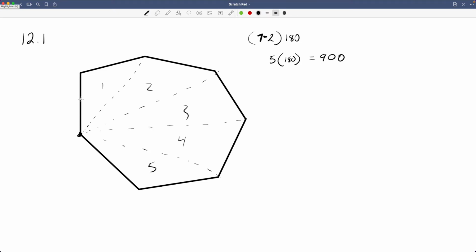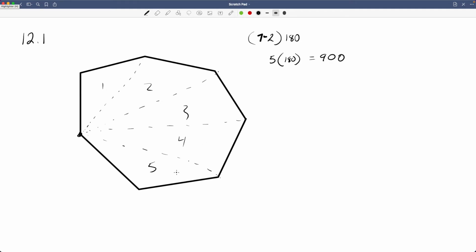Is that right? You actually have 6 diagonals, but because it's a 7-sided shape, we start with the number of sides. Counting the number of diagonals doesn't work, but the number of sides minus the 2 sides you started with of the angle works every single time.